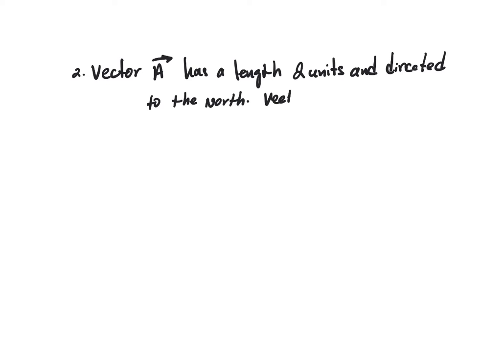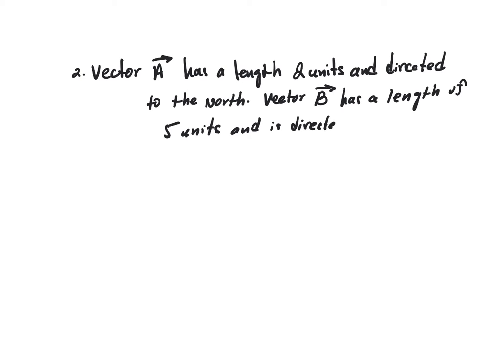Vector B has a length of 5 units and is directed to the south.